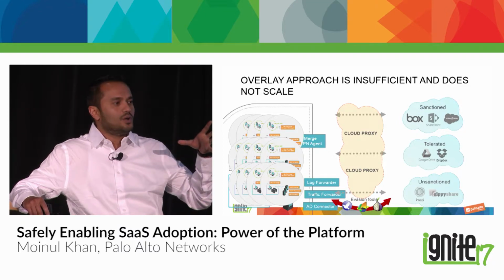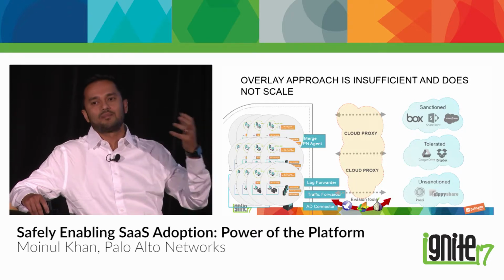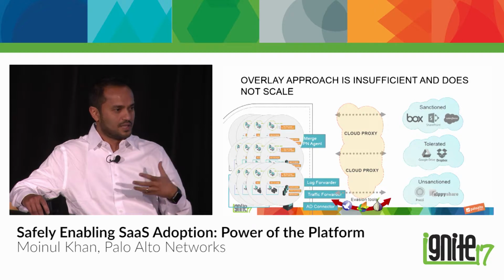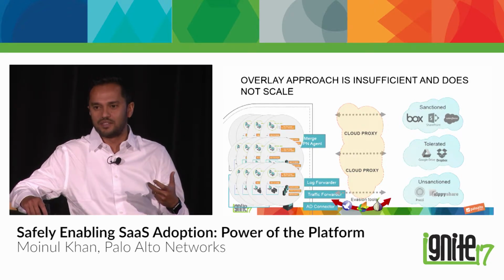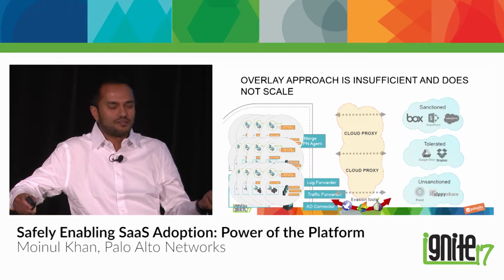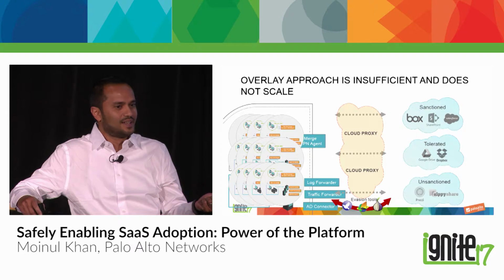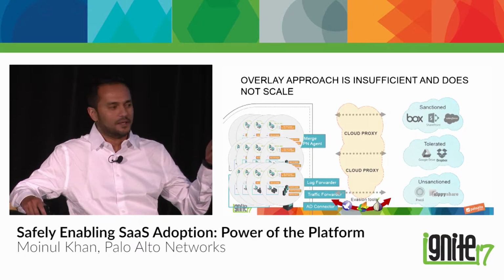So then what happened is, about 5 years ago, when SaaS applications were introduced, as enterprises and organizations started adopting more and more SaaS applications, companies thought that the next-gen firewall is not good enough, and therefore they have to look at overlay proxy vendors, right?